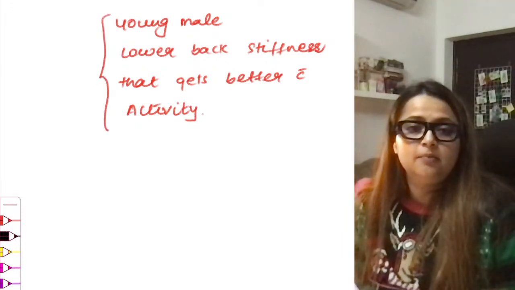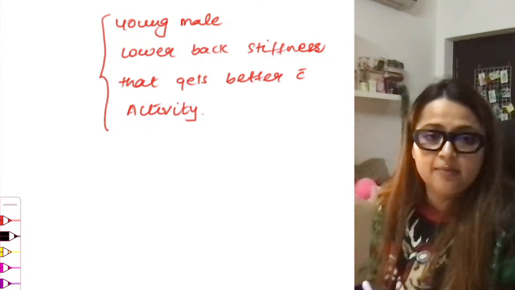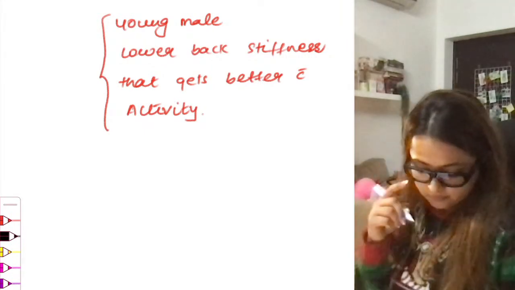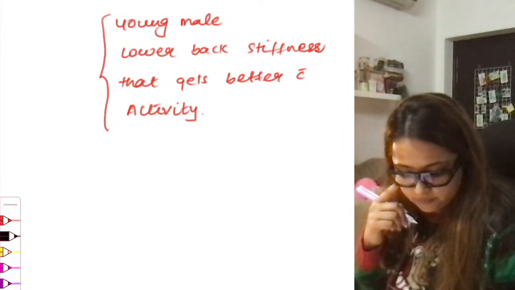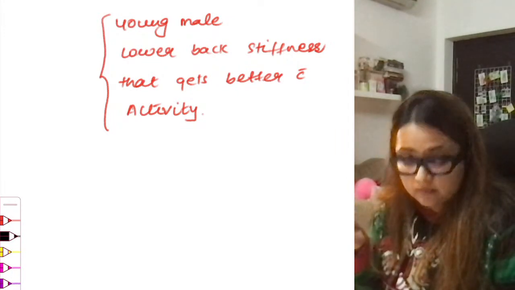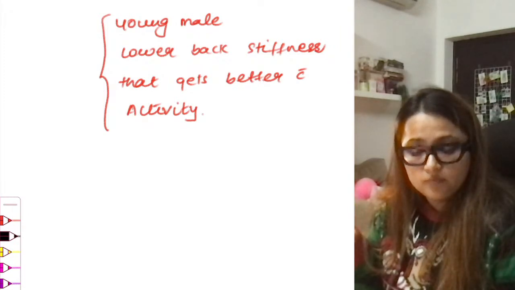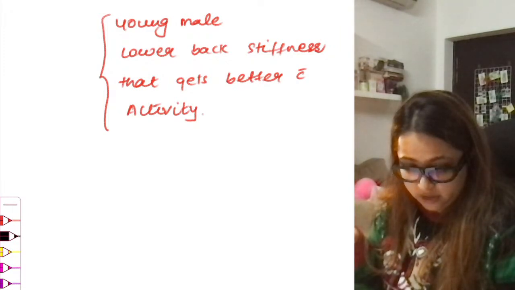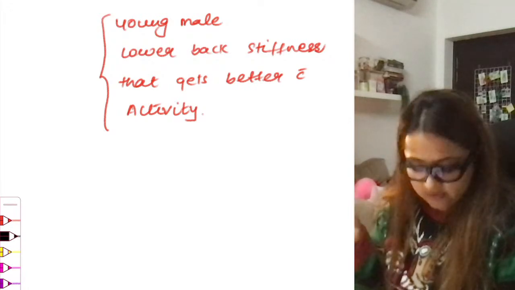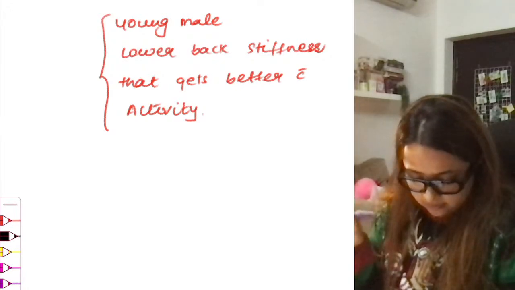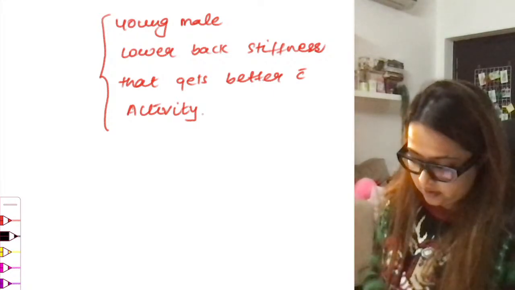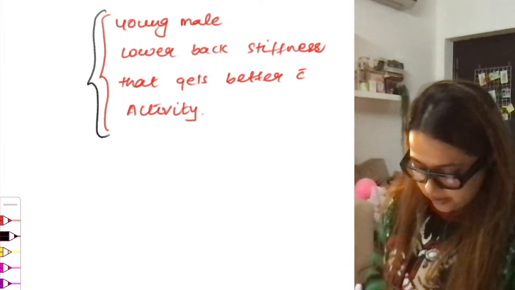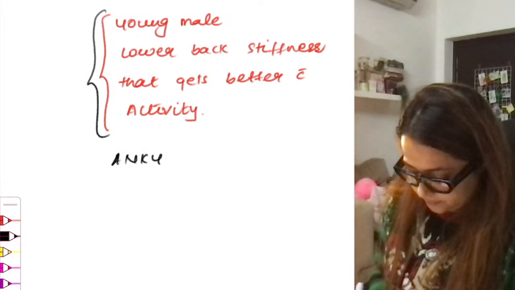A young male complaining of lower back stiffness, getting better with activity. Anyone? This kind of history. I don't want to give you one more hint, otherwise you will easily diagnose it. Yes, Ramayana, Nipun, Madhavan, Sai, you gave the correct answer. This is a typical history of an ankylosing spondylitis patient.